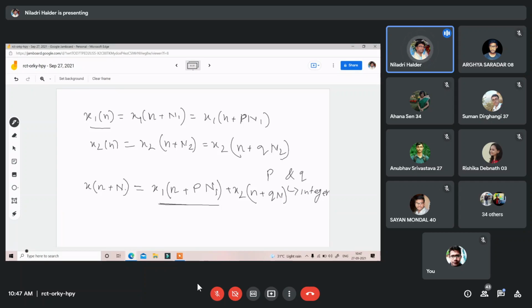So x1 pN1, x2 qN2 defines x1 and x2. So simply you can write x1 n, and you can write x2 n. So that is your xn.